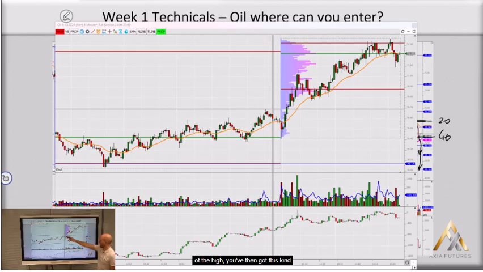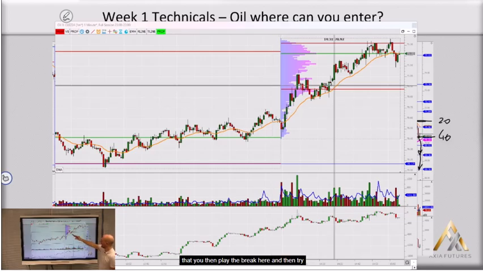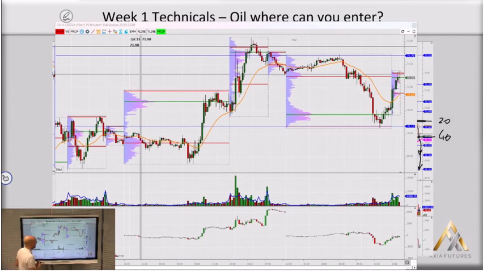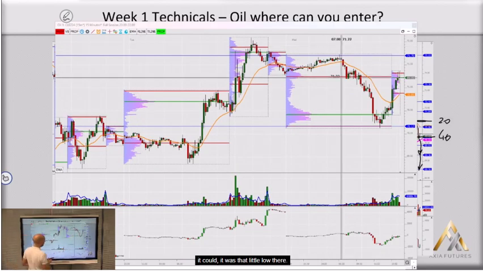Play it on the break of the high. You then got this kind of flag type pattern if you want. So if you're not in or you want to add on, you've got this kind of little flag that you then play the break here and then try and run that to the 20s, which is where you end up getting to. And then, you know, once it's up there, like I said, that was the point for me where if it's going to get stuck, it could. It was that little low there.